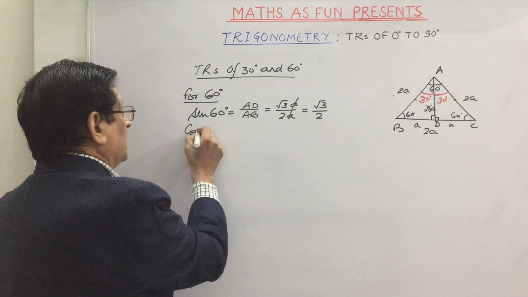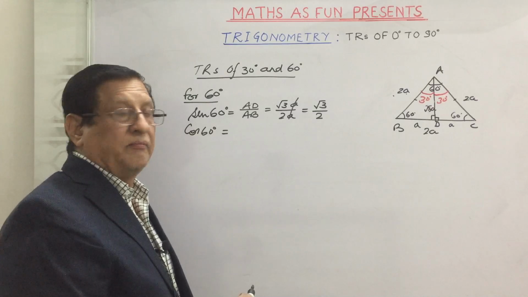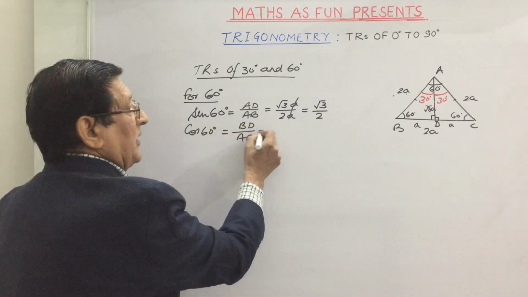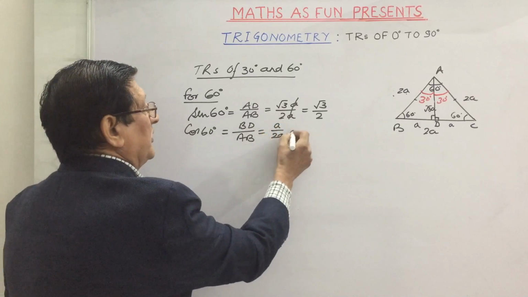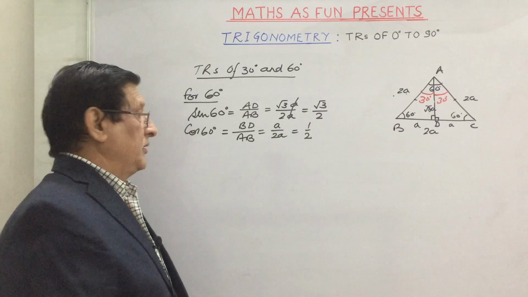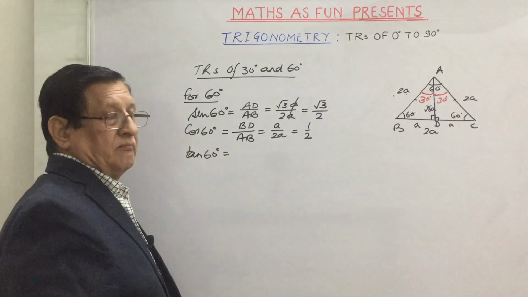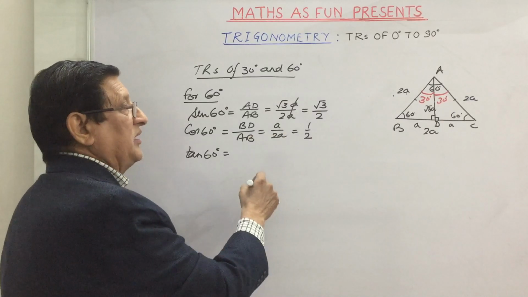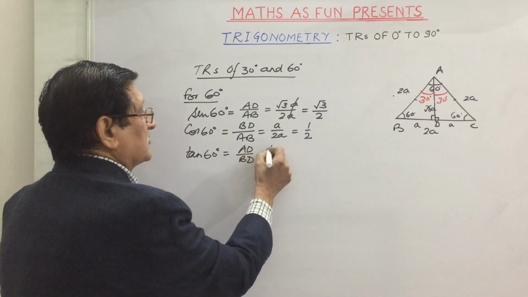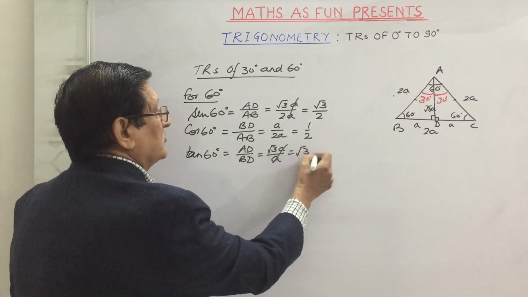Cos 60, base upon hypotenuse. Base here is BD, hypotenuse AB, and this comes as a upon 2a, so this is 1 upon 2. Tan 60, perpendicular upon base, that is AD upon BD, this comes as root 3a upon a, the value comes as root 3.